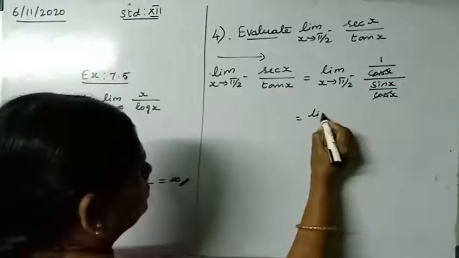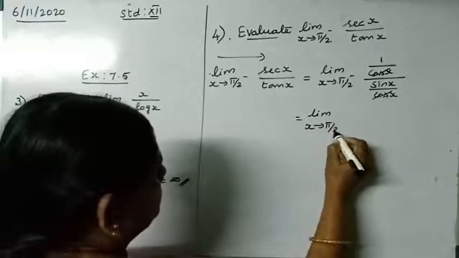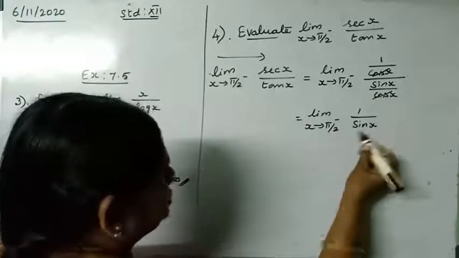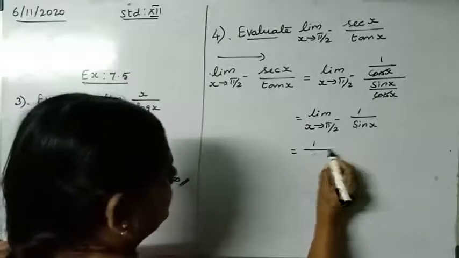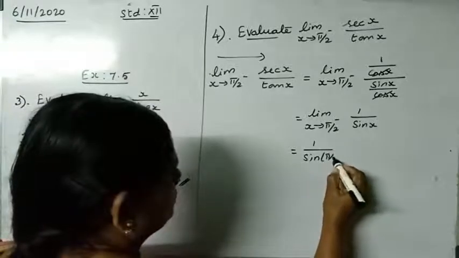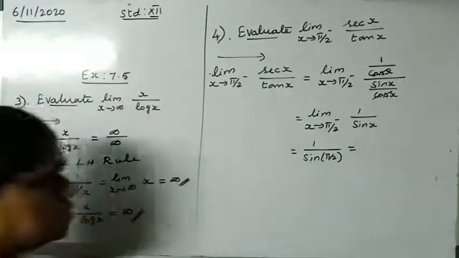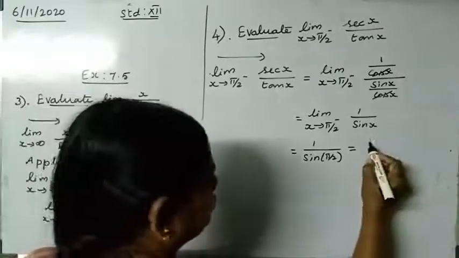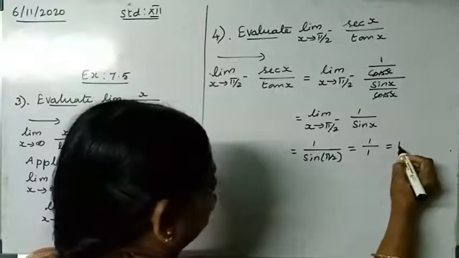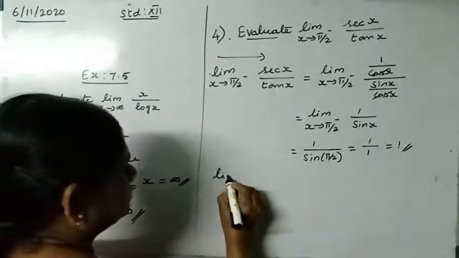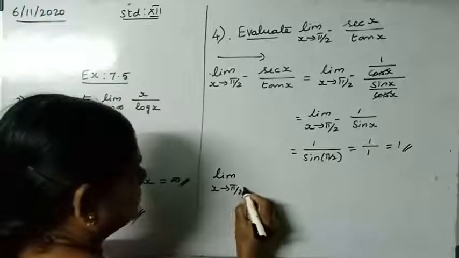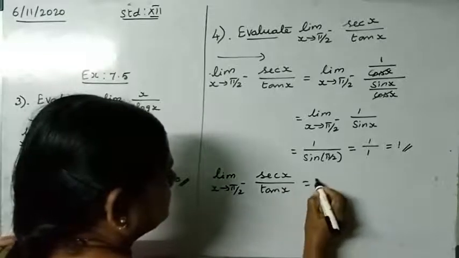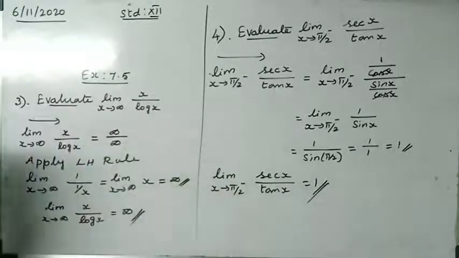So which is equal to limit x tends to pi by 2 minus 1 by sin x. If I substitute the limit now, it is 1 by sin pi by 2. So what is sin pi by 2? Sin pi by 2 is equal to sin 90, which is 1. So 1 by 1, which is equal to 1 is the answer. So limit x tends to pi by 2 minus secant x by tan x is equal to 1 is the answer. Then question number 5.